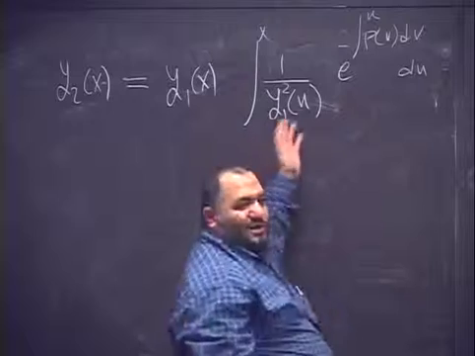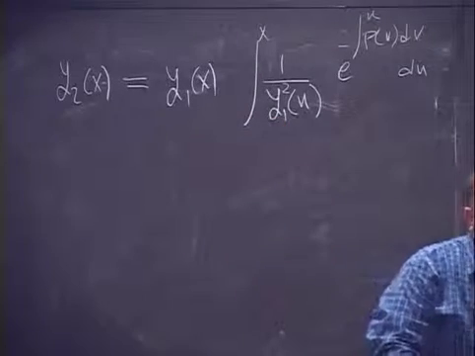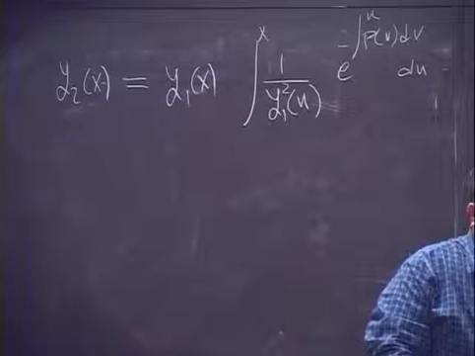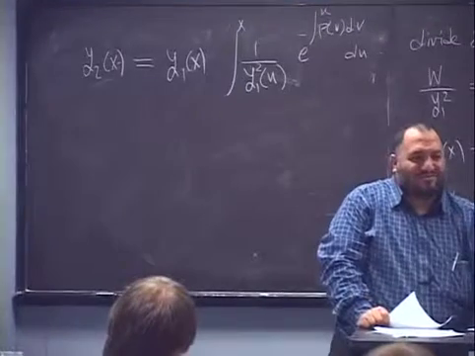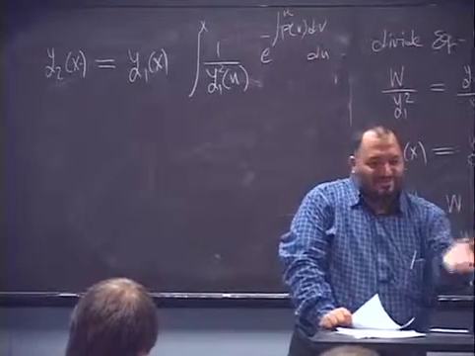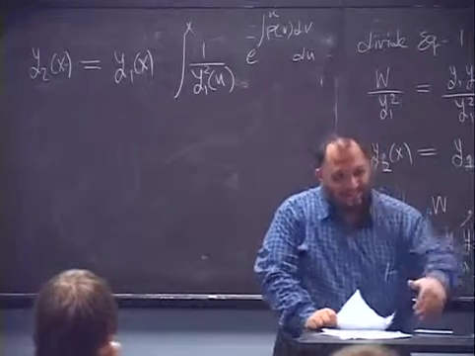You have y1 squared, solve the integral. But also if y1 is not analytic and it is a power series, it will give you a very hard time to integrate even an exponential function divided by a power series, and the power series is squared.